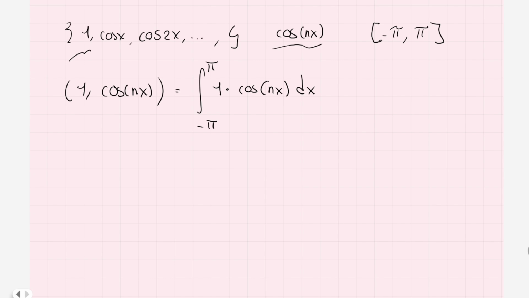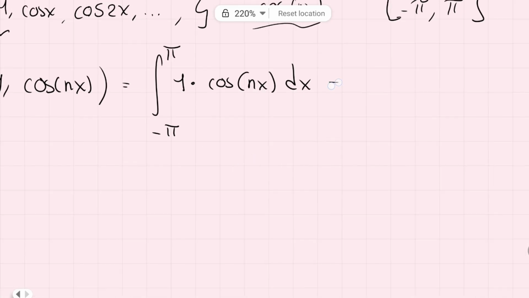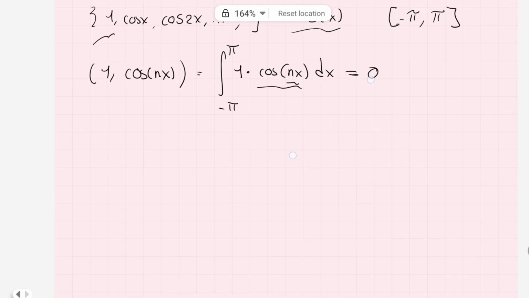Here it's easy to see that this is equal to 0, because when you take the integral of cosine, you get a sine that depends on a multiple of x, but x is evaluated at pi and negative pi, and we know that sine of n pi for every integer n is equal to 0. So this integral is 0.